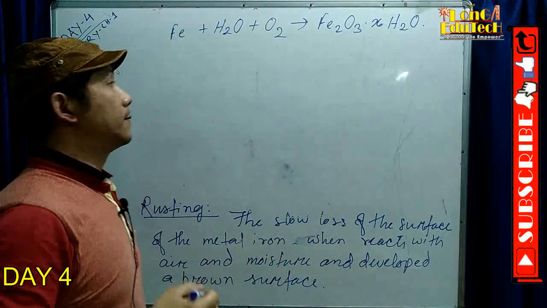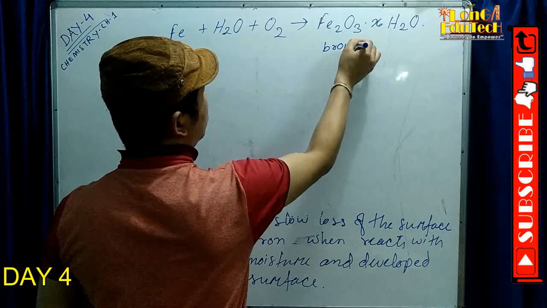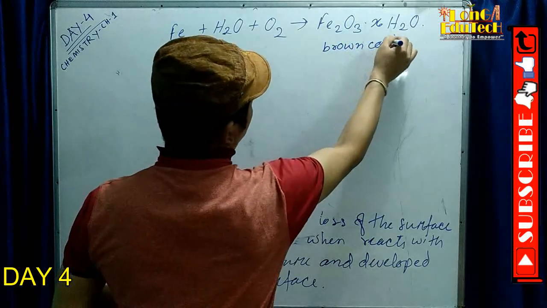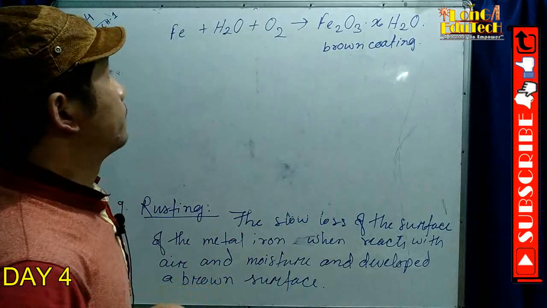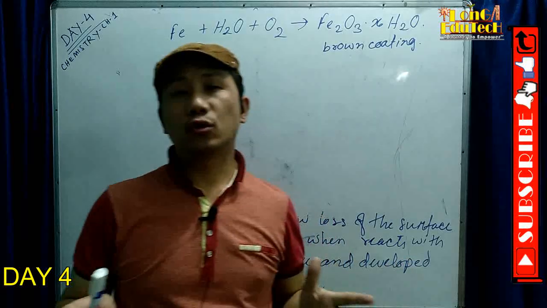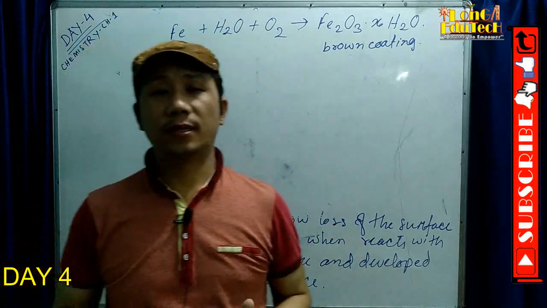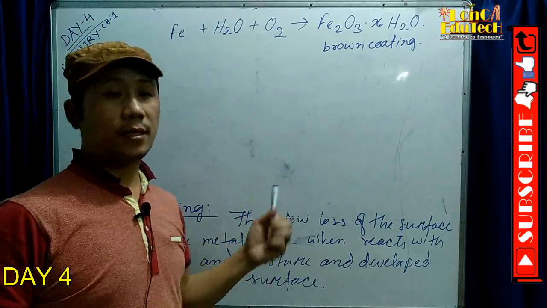Why x? That is the brown coating that develops on the surface of the metal iron. So x means any amount of water can be present in this. That's why we write x, where x is any number.